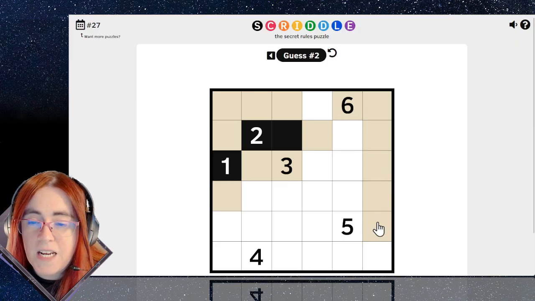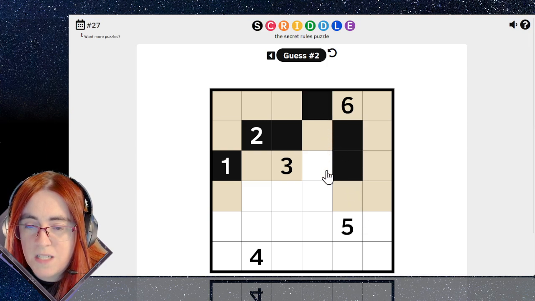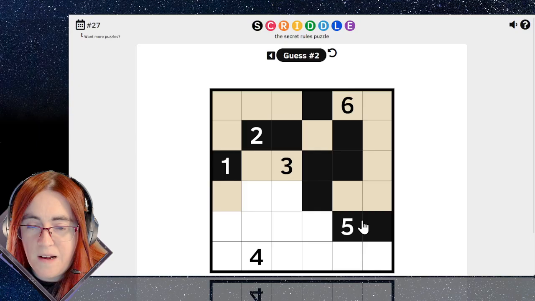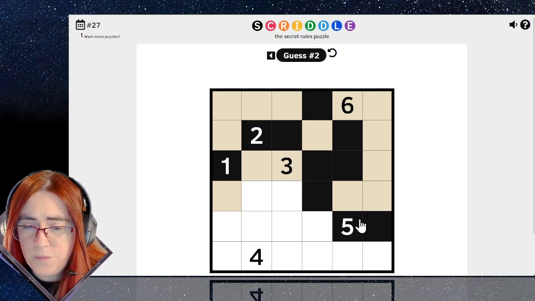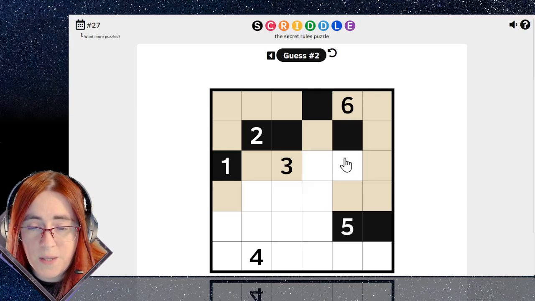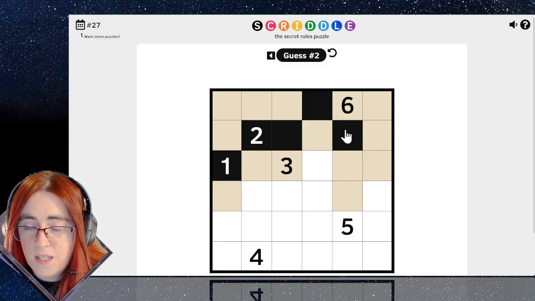In fact, for any of these we can say, if this is our 6, this automatically, as part of being a 6, forces all of those to be shaded. That creates a non-square black area, so that's not possible. And this was the other one that's possible. That's rectangular. That's okay.